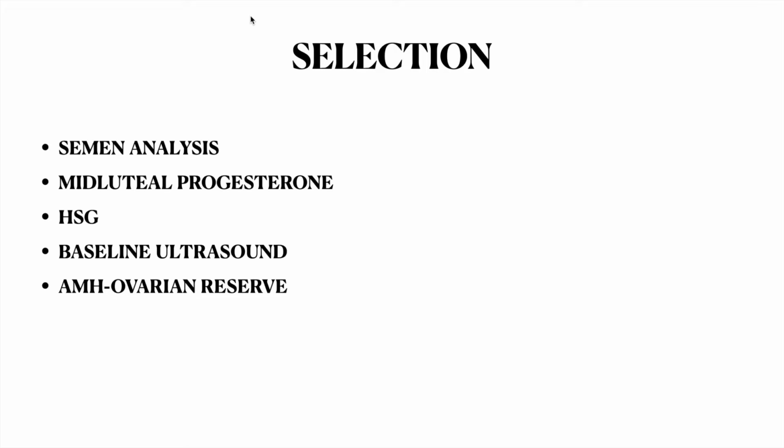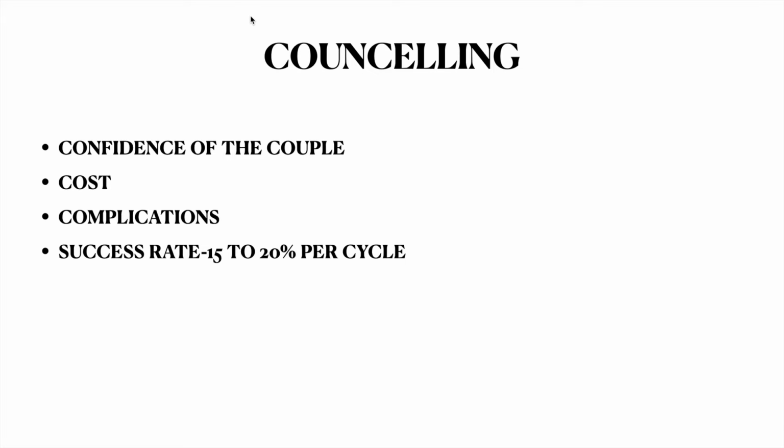Ovarian reserve is usually less in elderly patients. Counseling: we have to obtain the confidence of the couple. The cost and complications should be explained in detail to the couple. The success rate of intrauterine insemination is 15 to 20% per cycle.